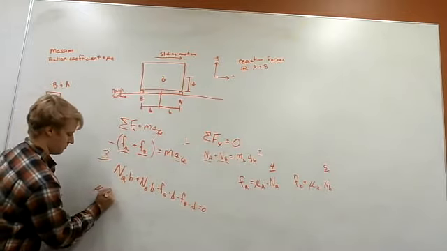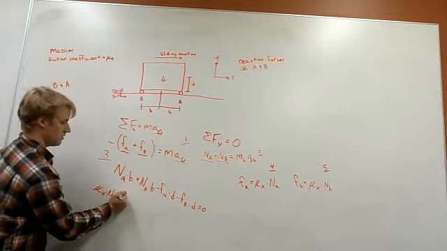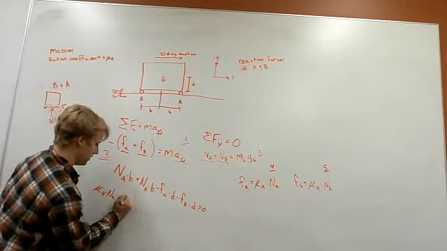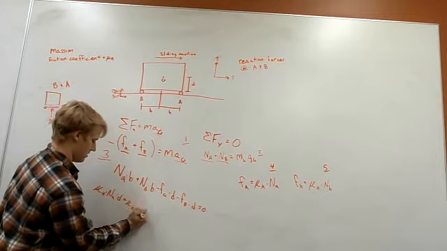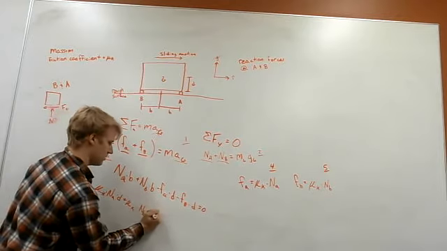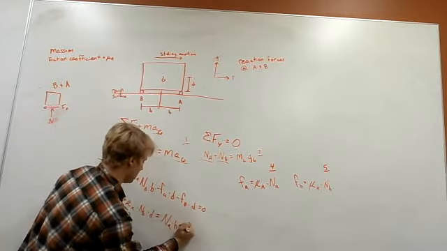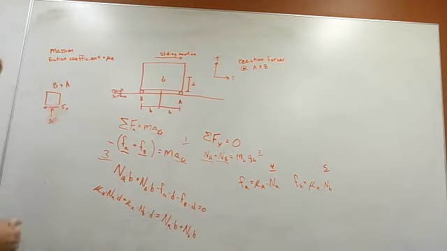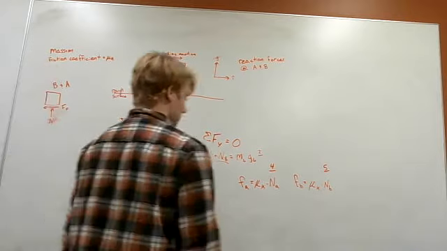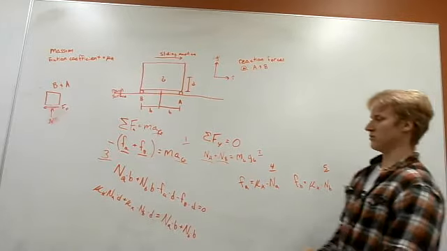So we got mu K times NA times D plus mu K times NB times D is equal to NA times B plus NB times B. I made a little mistake.